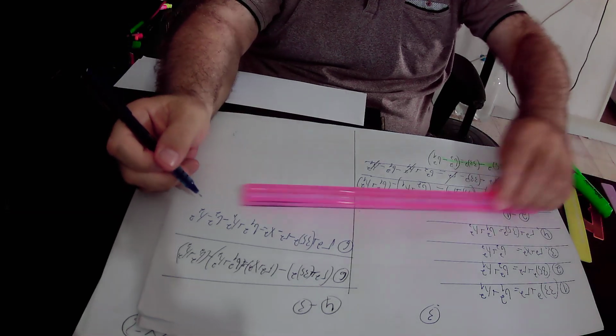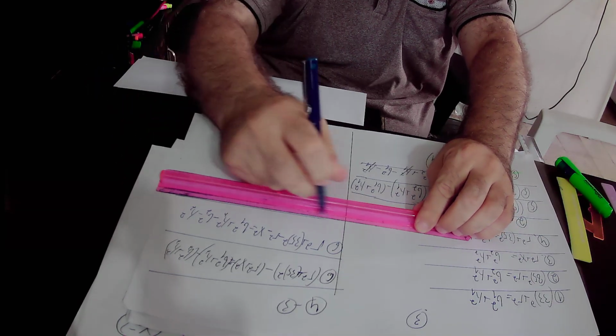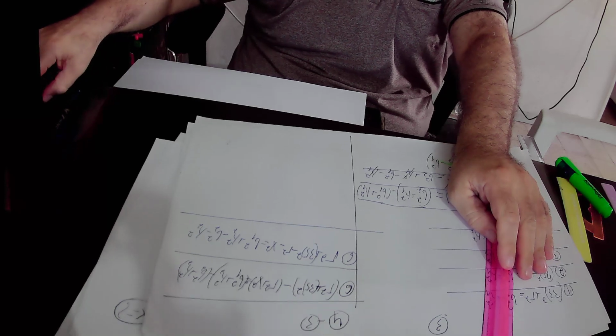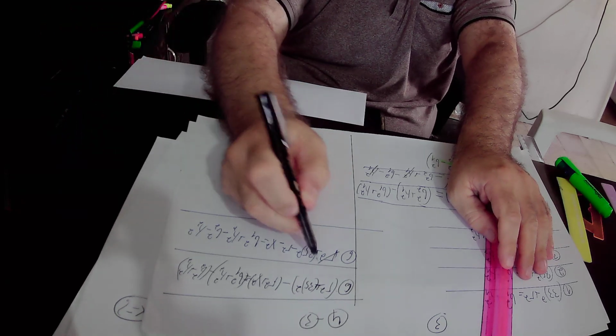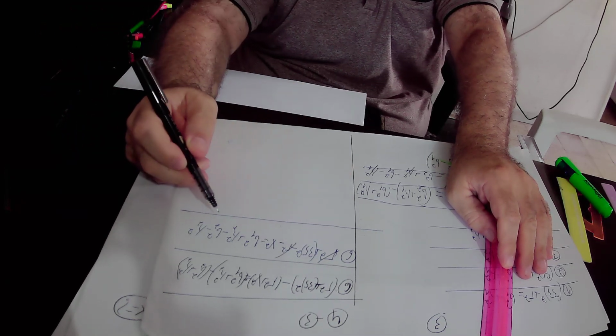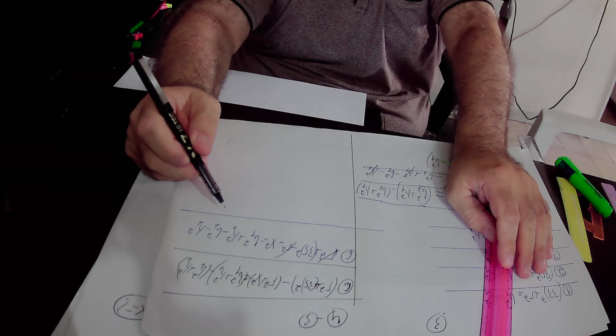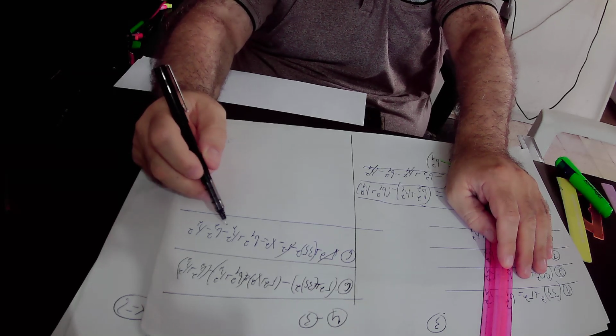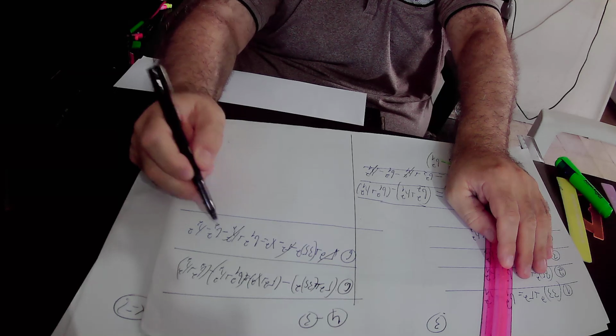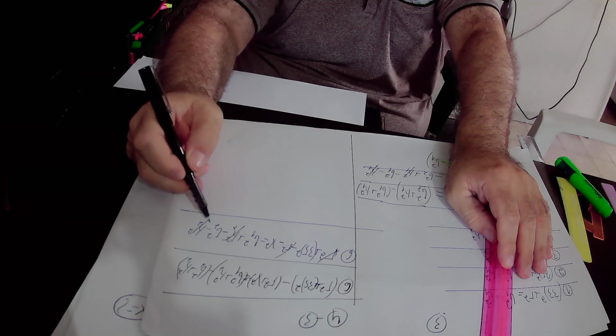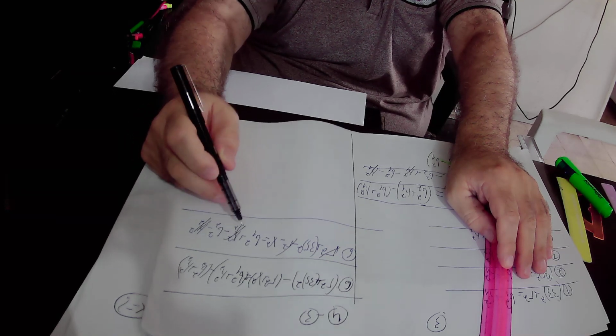Okay. So here r squared minus r squared is 0. And we have here h2 squared minus h2 squared is 0. So what is left after we cancel the two expressions here?